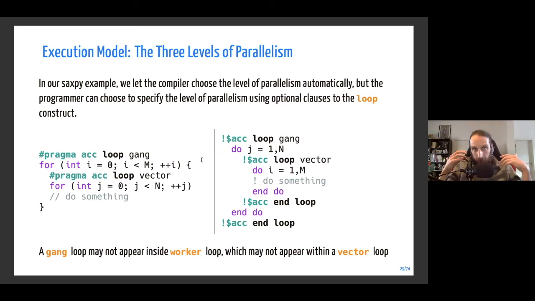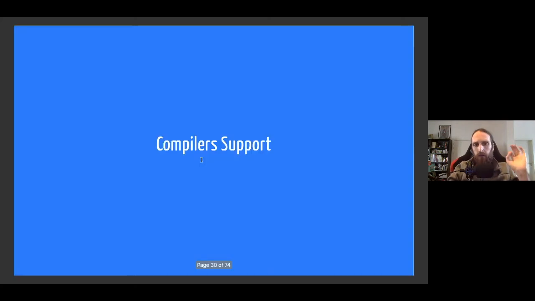So the compiler knows the hardware better and should do a better job than the programmer, and it ensures that this is portable across a vast majority of accelerators. On the other end, in OpenMP, you need to know a little bit about your target hardware in order to have efficient code. So that's the idea. Let's talk a little bit about the compiler support.